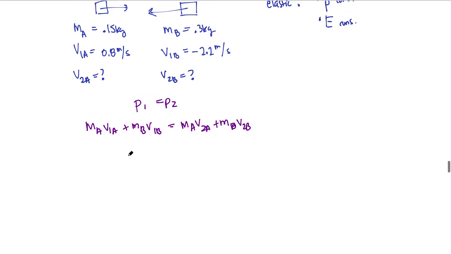So I'm actually going to go ahead and start plugging in values because I know that both V2B and V2A are unknown. So I'm going to need values in order to end up solving for anything at some point. I'll need a system of equations.